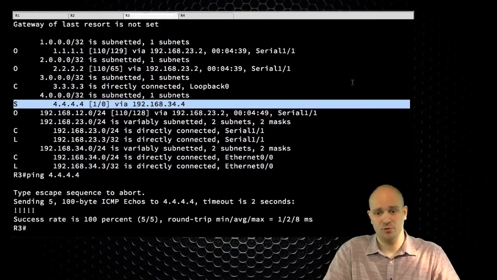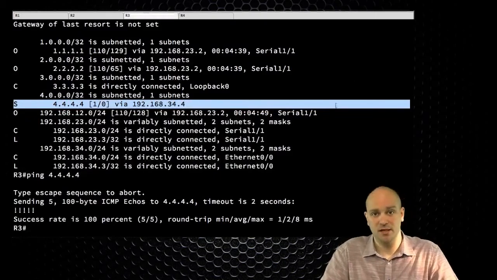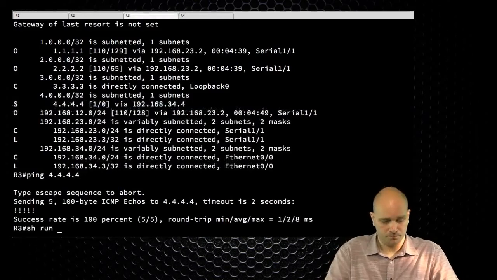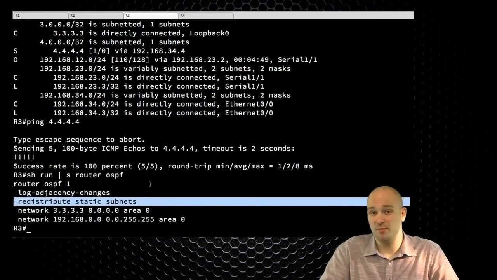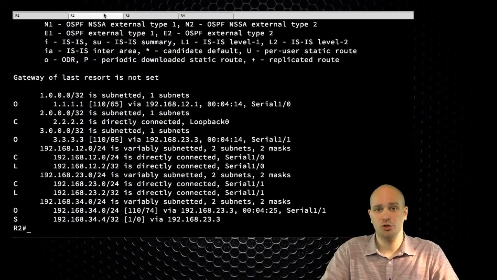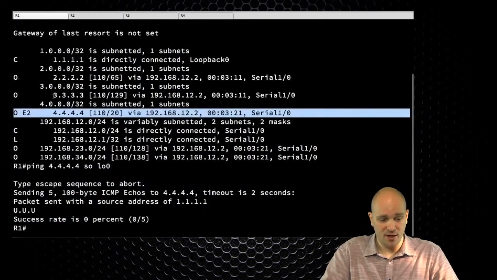So it's a natural assumption to think, okay, is R3 actually redistributing this route into OSPF? So if I take a look at show run and router OSPF, I can see that I am redistributing static routes. So why is it then not showing up on R2 in the routing table? But it is right here in R1's routing table.